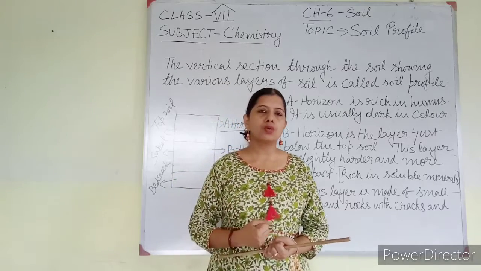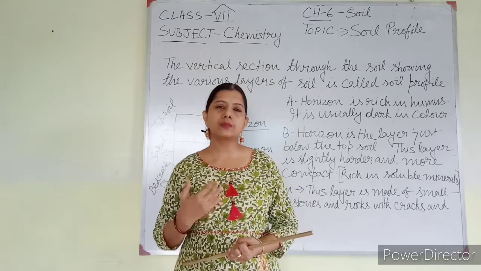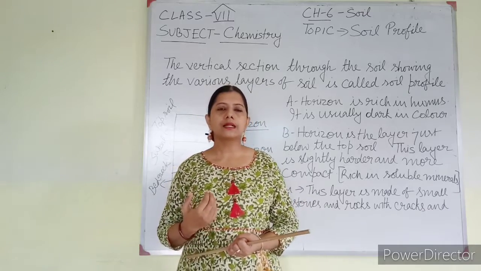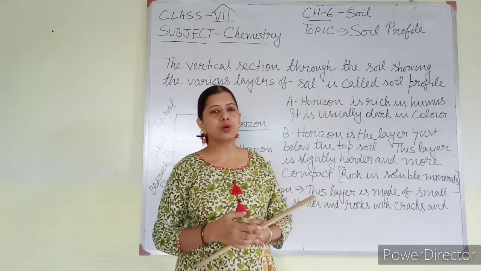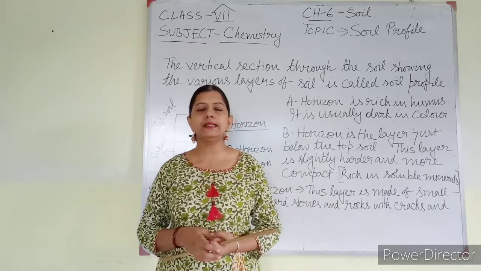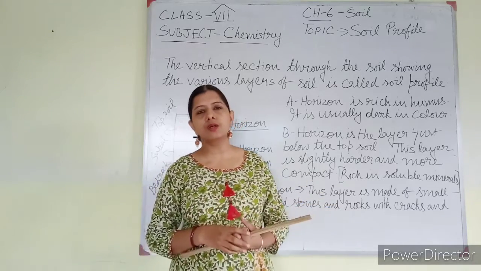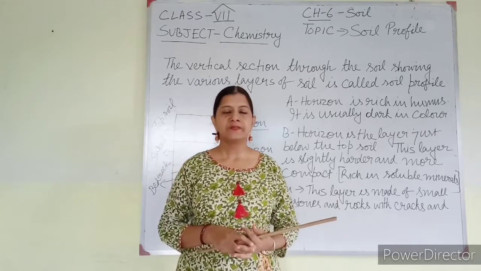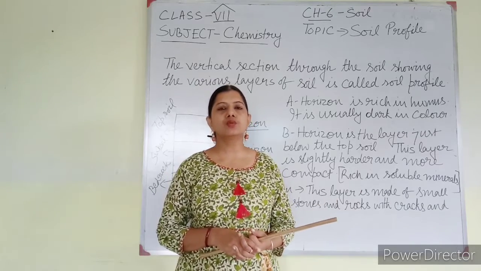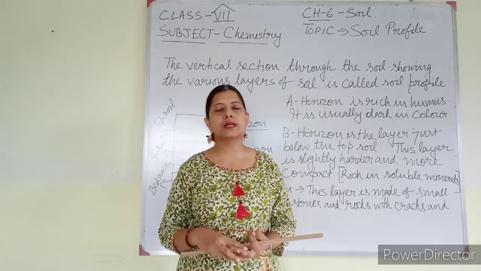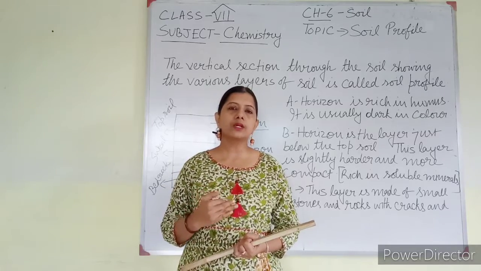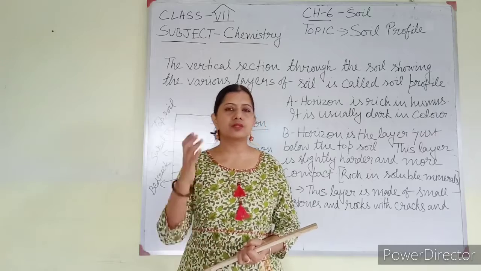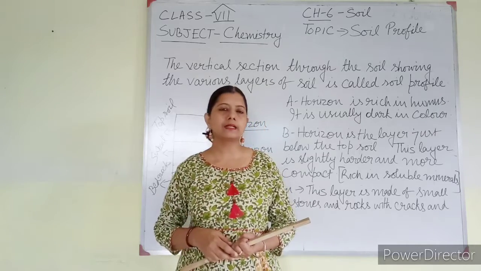As you go down, you will find that the soil becomes harder and the color becomes lighter. If you cannot find it, you might have seen construction around or beside your house. During construction, you might have seen the laborers digging the soil and taking it out. There you can find different layers of soil of different colors.